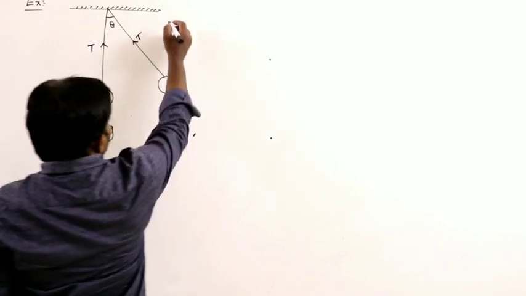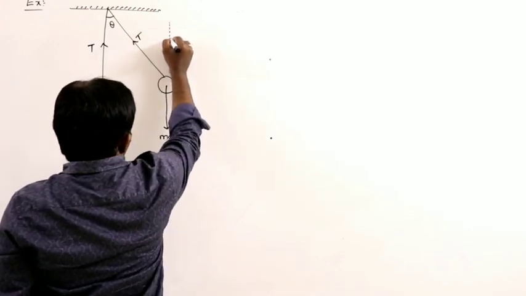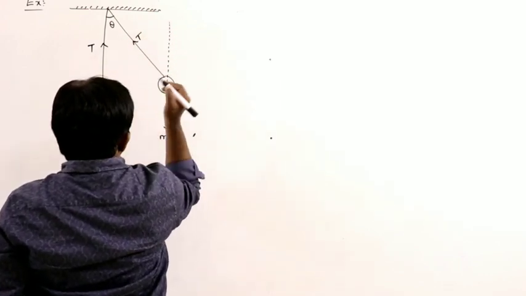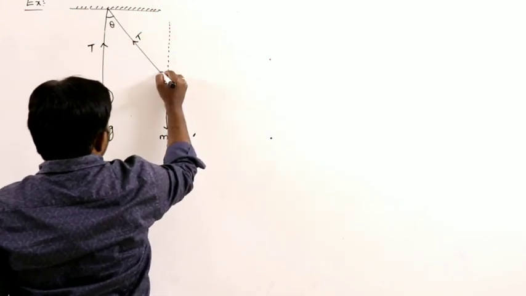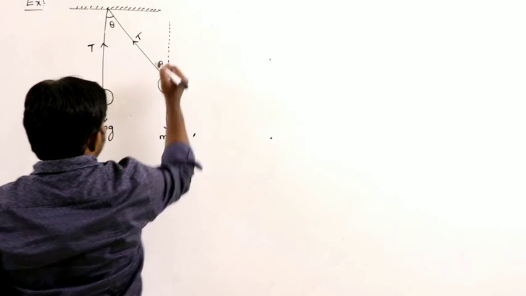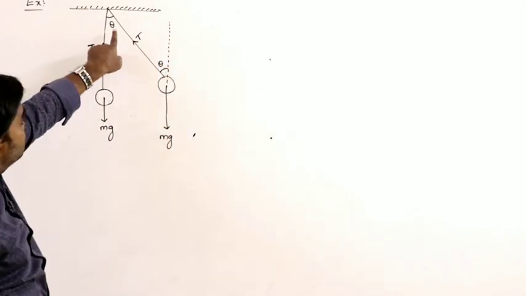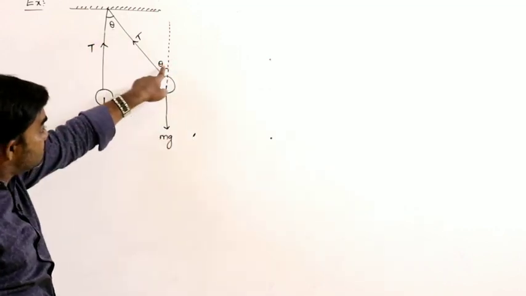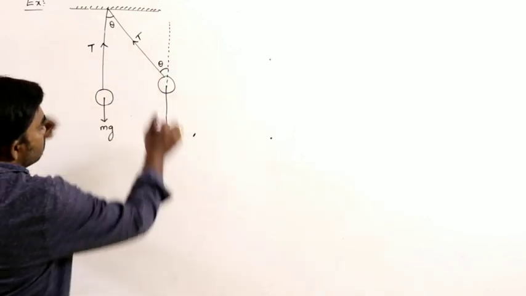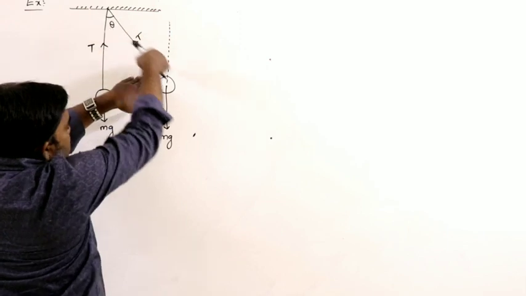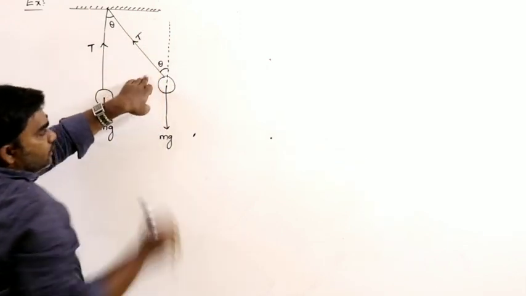Now for our convenience, I am drawing one line here. So this is the tensional force and this is theta, and this is also theta, alternate angles. So now the tensional force makes an angle theta with the vertical.